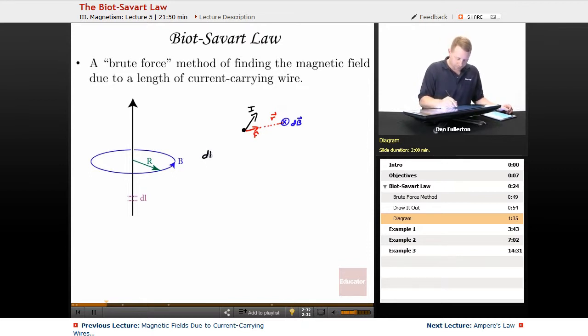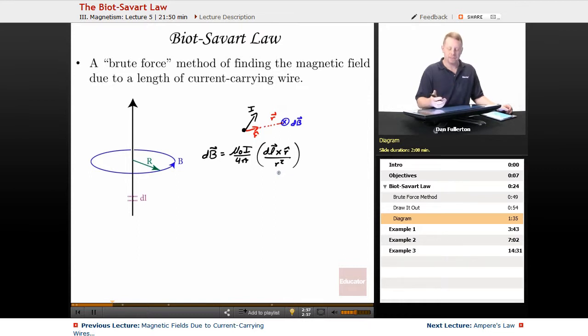So you'll see the Biot-Savart Law written in several different forms. One form, the differential of the magnetic field, dB, is going to be equal to mu naught I over 4 pi dl crossed with r hat divided by r squared, where we're using the unit vector r hat.